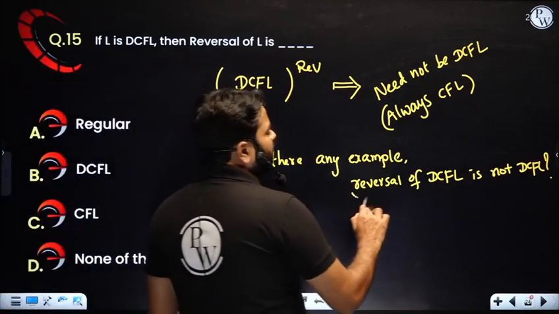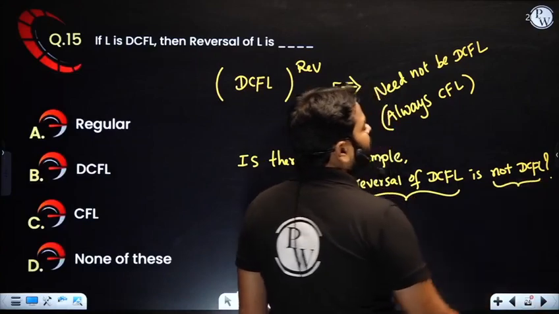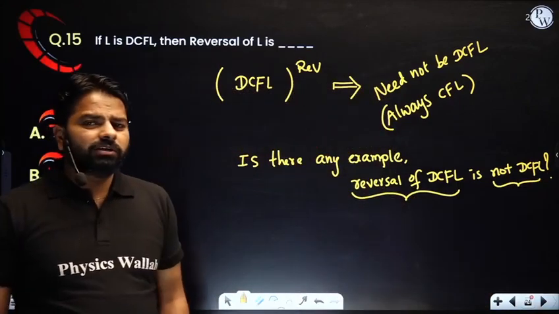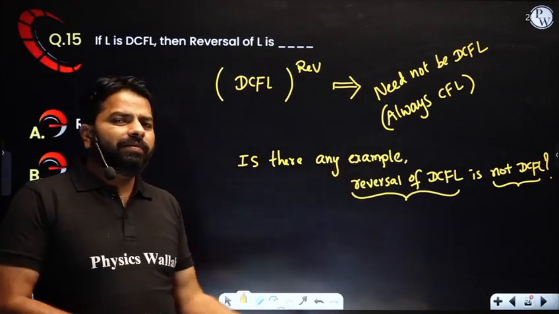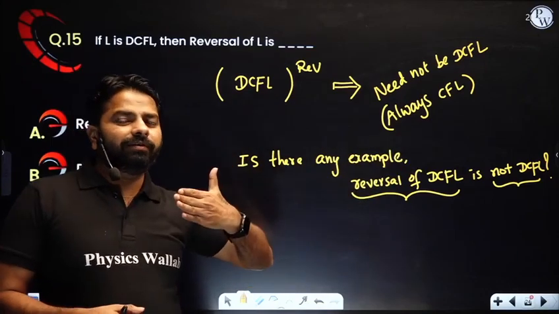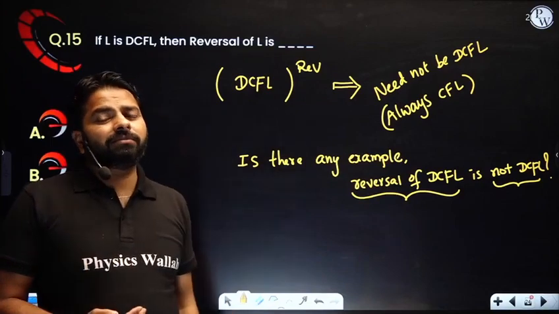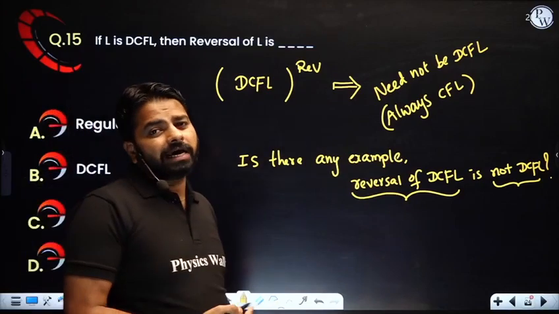Now if you perform the reversal of a DCFL, you should prove that it is not a DCFL. Think about it. When I am reading from left to right, I have a deterministic stack. But when I do the reversal, sometimes you don't get deterministic stack operations.